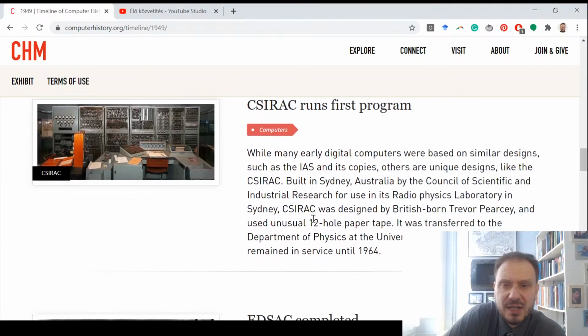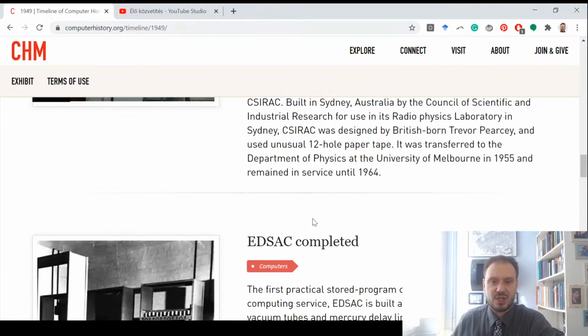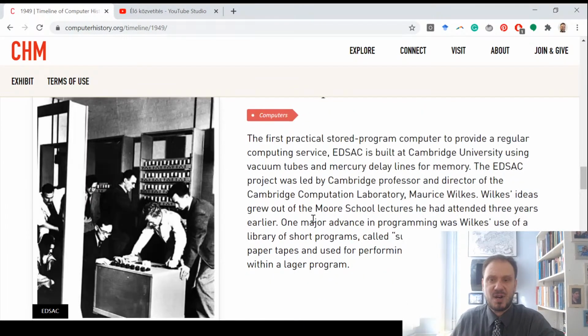Not only in the United States, but in Australia as well, we have supercomputers, that time supercomputers, which were used in physics laboratories, industrial research, and so on. The first practical stored program computer to provide a regular computing service, EDSAC, was built at Cambridge University using vacuum tubes and mercury delay lines for memory.